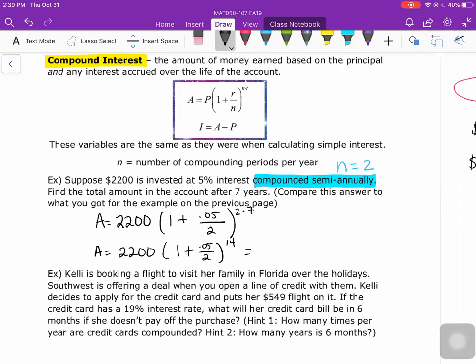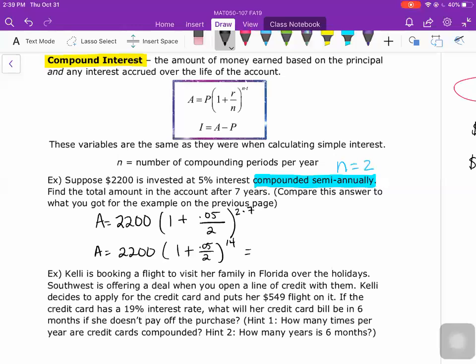We're going to type 2,000 times, and then open parentheses. We're going to type 1 plus 0.05 divided by 2 and close your parentheses. And then we're going to use the exponent key. I think most of us have that caret.